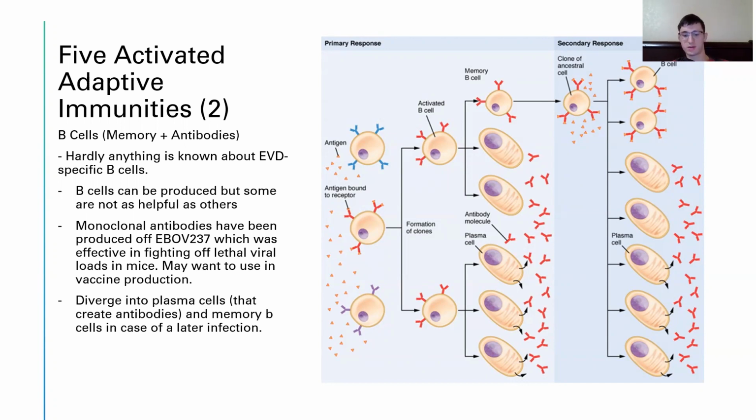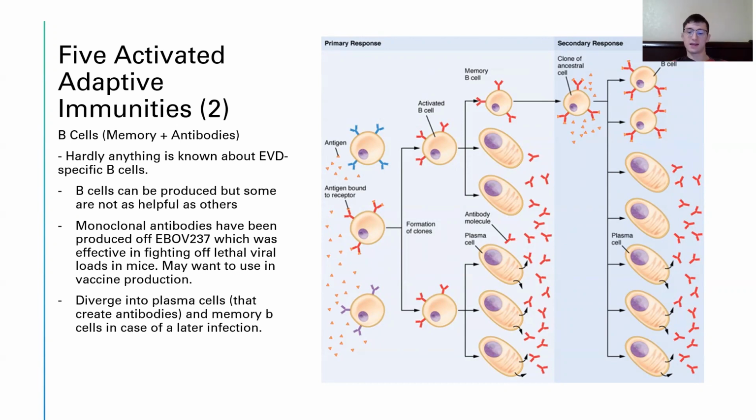One neutralizing antibody protected mice from lethal infections. So scientists gave mice really lethal infections, but also gave them monoclonal antibodies. They injected them with EBOV 237, which is on the PowerPoint slide there. It was identified in the panel of 25 human antibodies isolated.